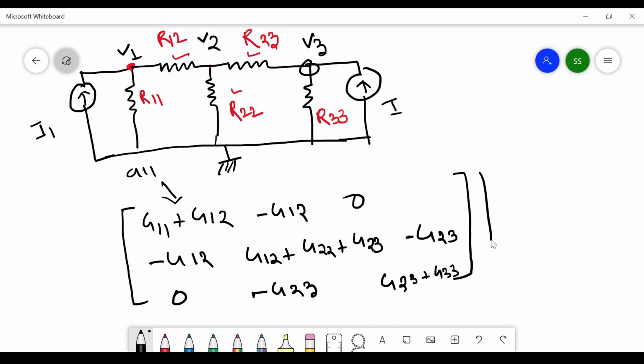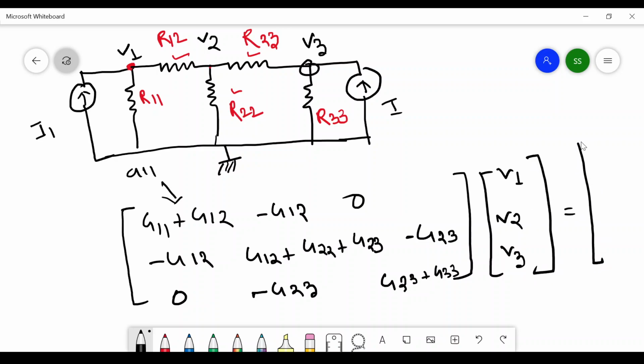Okay, and here we will be writing V1, node 2 voltage and node 3 voltage. And here it will be all the current pushed into the node, that is I1 pushing into node 1, positive. In node 2 we do not have any current source being pushed in, so that is 0, and this one is I3 which is being pushed into node 3.